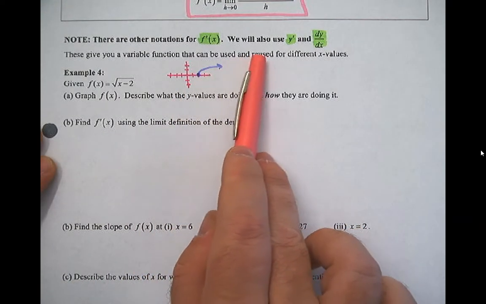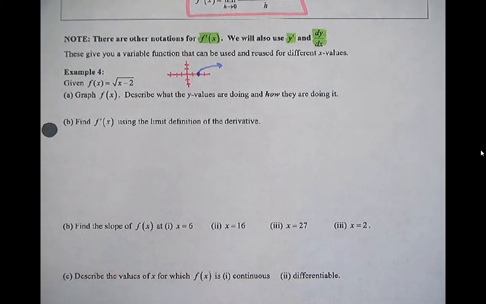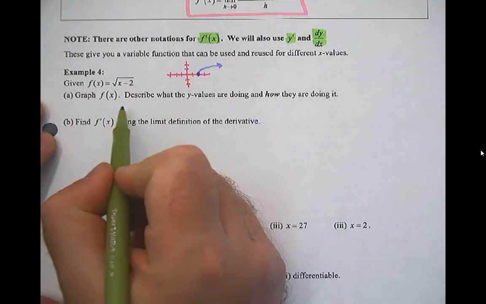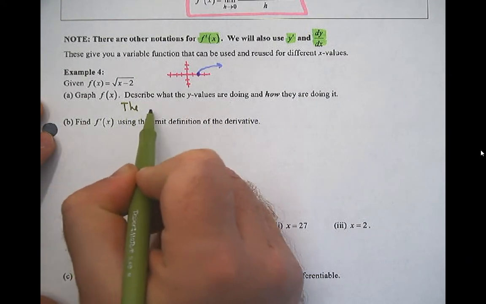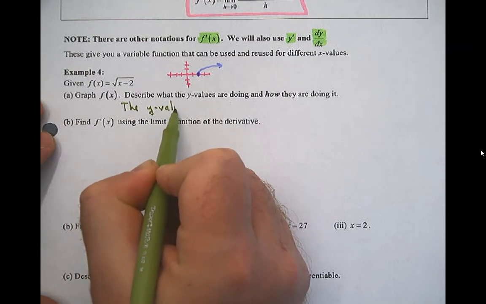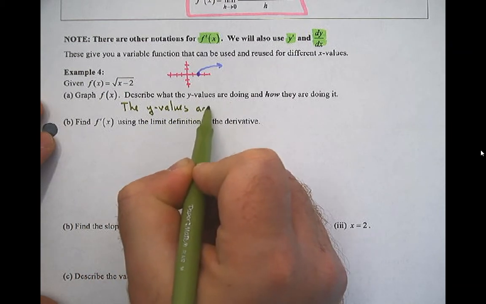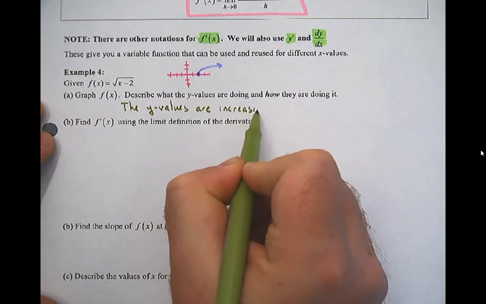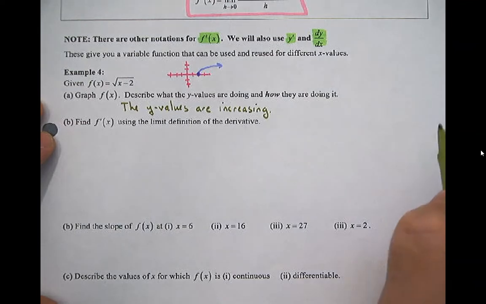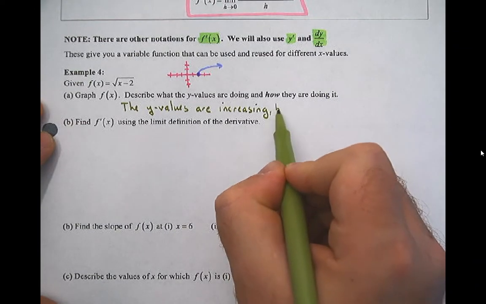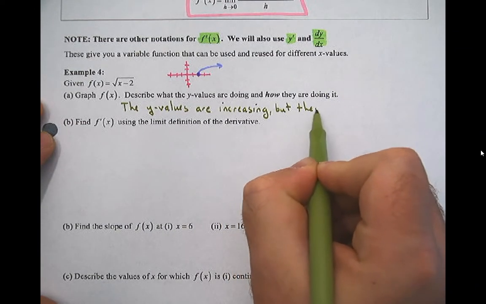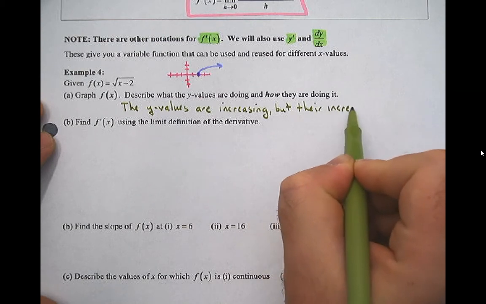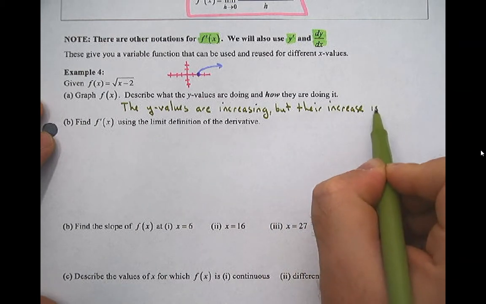They're still always going up, but the going up part is actually slowing down a little bit. We're going to talk about that. That's going to be something called the second derivative that we'll get into. But the y values are increasing, but their increase is decreasing.